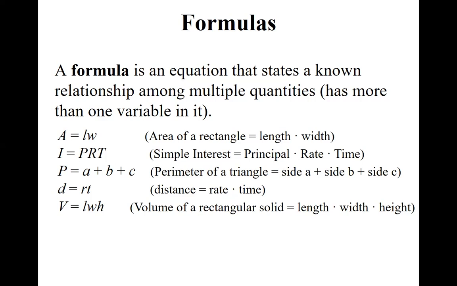P equals A plus B plus C means that the perimeter of a triangle is side A plus side B plus side C. D equals RT means distance equals rate times time. And V equals LWH means that volume of a rectangular solid is length times width times height.